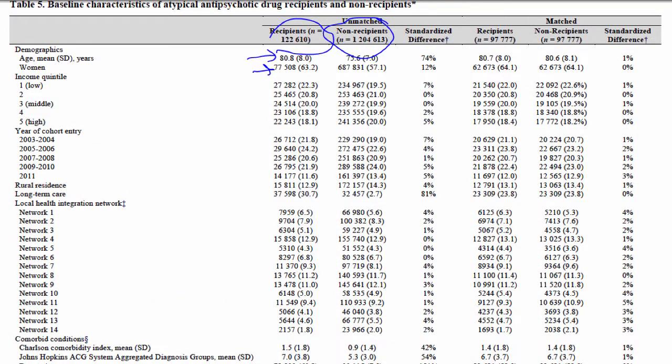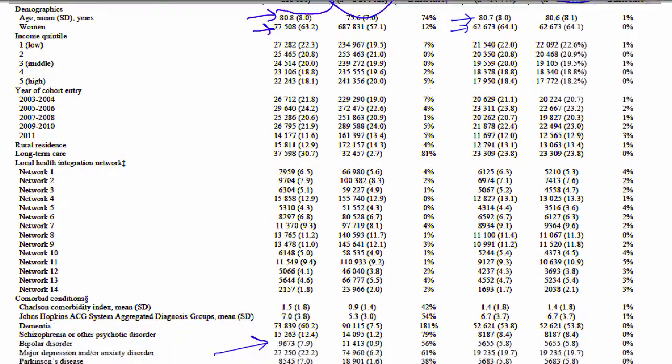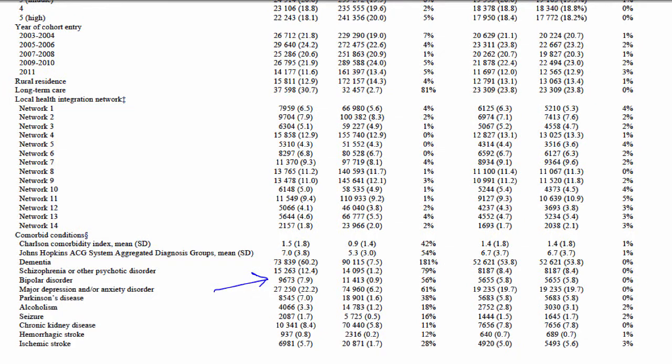But if we look at this table, we can see another set of columns that describe a matched cohort. As you can see, the patients on antipsychotics in this cohort are very similar to those who did not receive antipsychotics. For example, their ages are much more similar, their genders are much more similar, and if we scroll down, we can see that their comorbidities are much more similar.